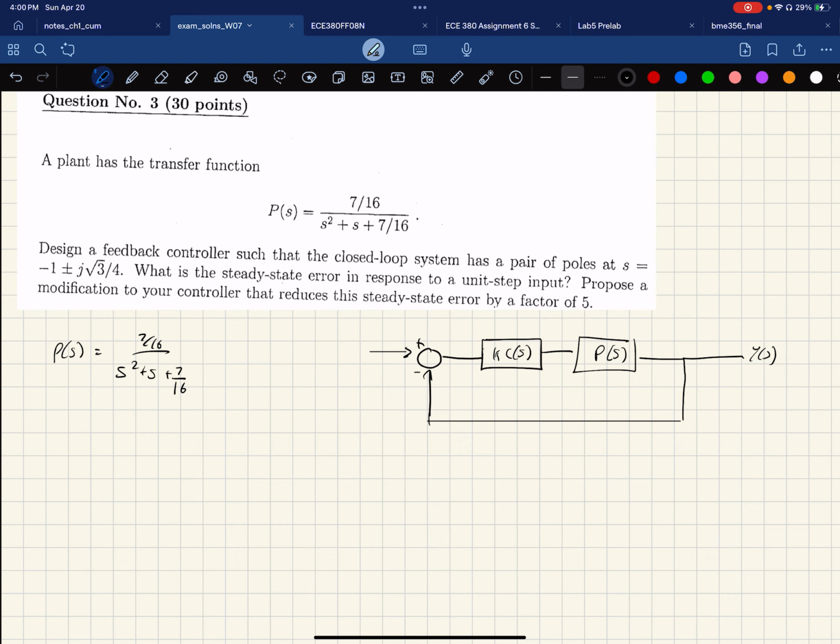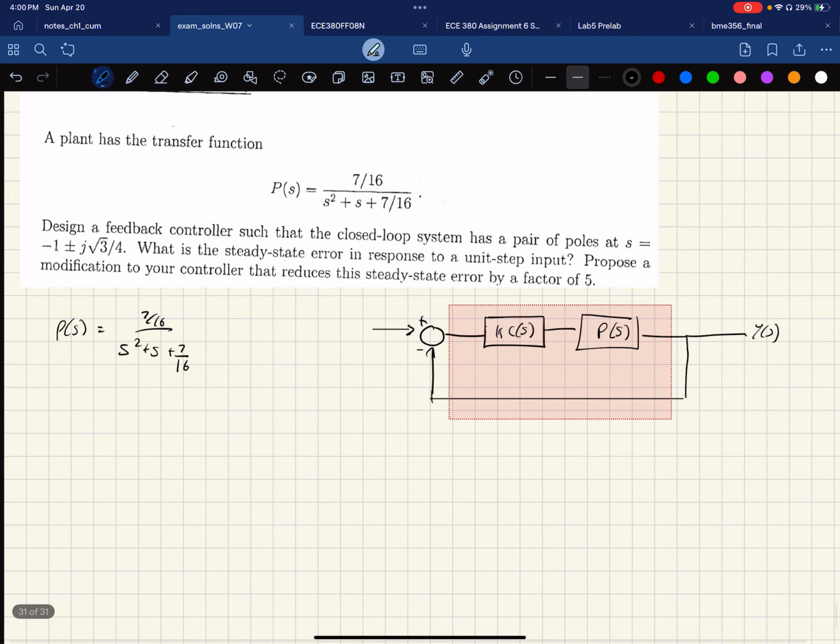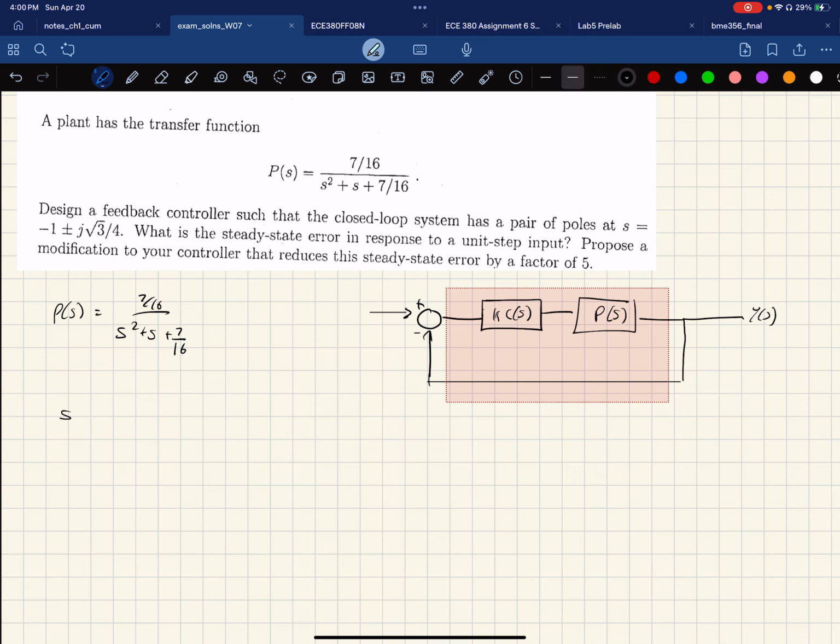I'm told that the closed loop system is going to have a pair of poles at s equals -1 plus minus j root 3 over 4. So what I desire, SD, is equal to -1 plus minus j root 3 over 4.